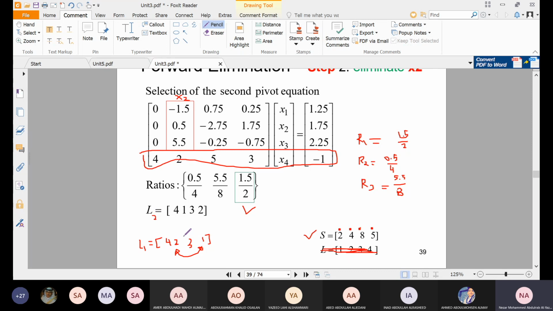So this will be the second iteration. In the second iteration I will get 4, 1, 3, 2. That means this will be pivot now and will not change anymore. So I need to eliminate these coefficients. That means I will convert this coefficient 0.5 to 0. I will also convert 5.5 to 0.